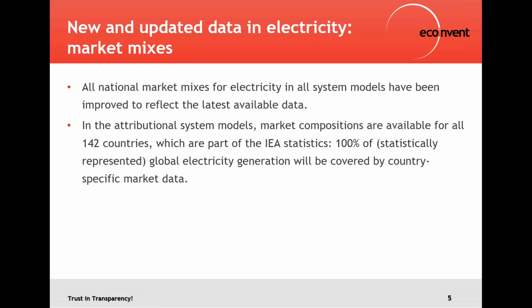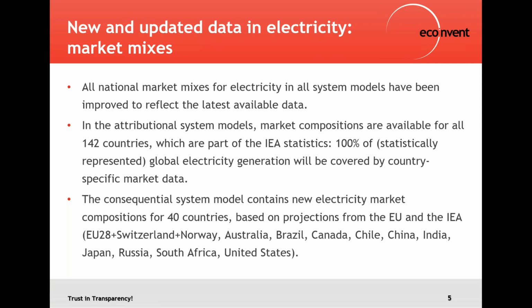In the attributional system models, that means that now we cover 100% of global electricity generation with country-specific market data. We have now available market compositions up to date using 2014 data, 442 countries, which cover all of International Energy Agency statistics.